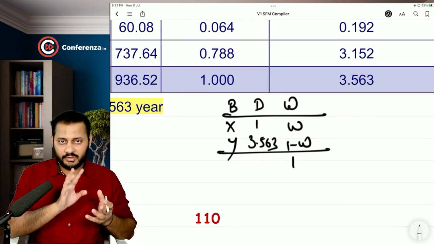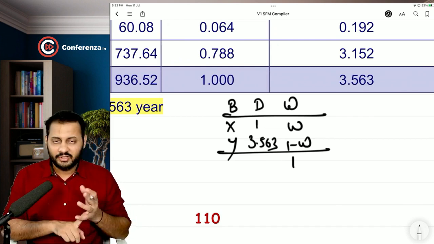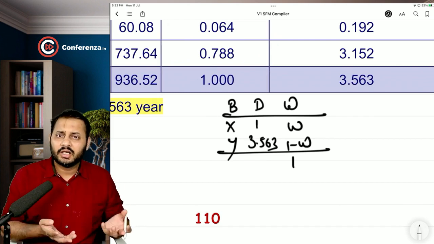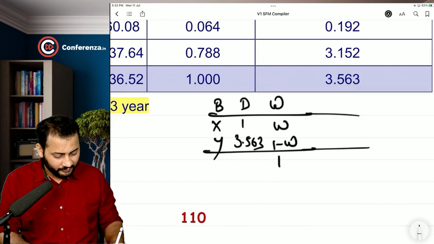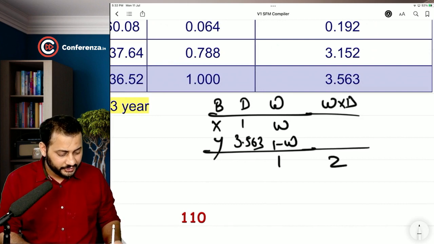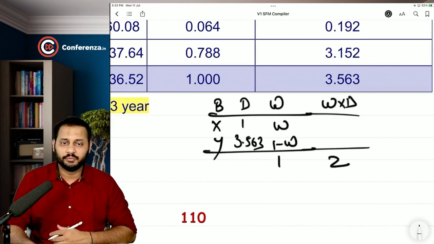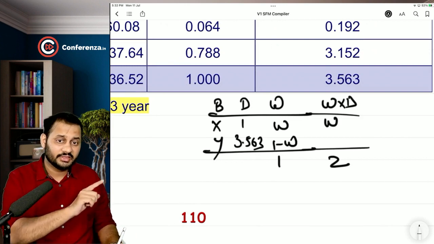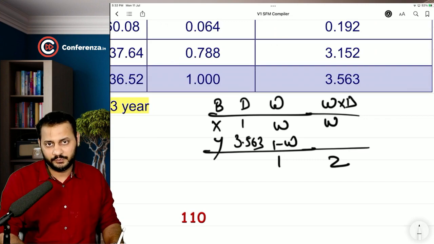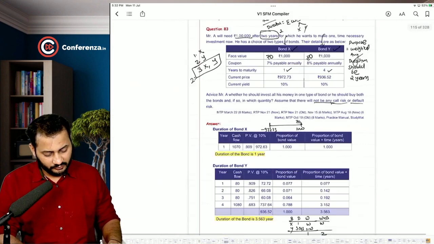100%. So if in a portfolio of 2 bonds the weight of one bond is W, the other will be 1 minus W. So what you have to do is weighted average duration, W into D. This should be 2. So 1 into W plus 3.563 into 1 minus W. You will find the same thing here.